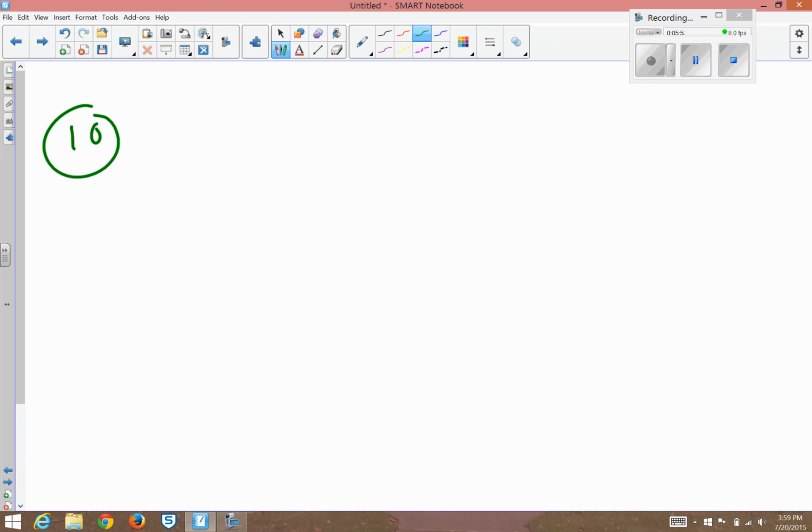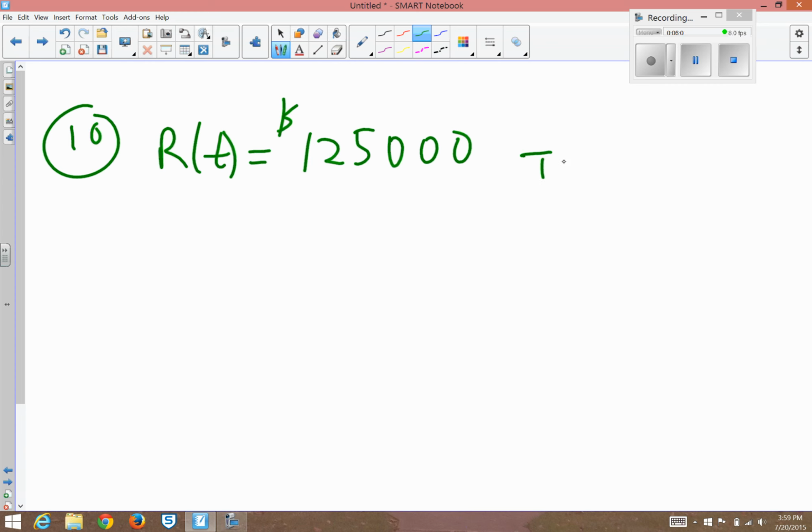Number 10, R of t equals $125,000, T equals 20 years, k equals 6%. This time the question is find the accumulated future value of each continuous income stream at a rate of R of t.